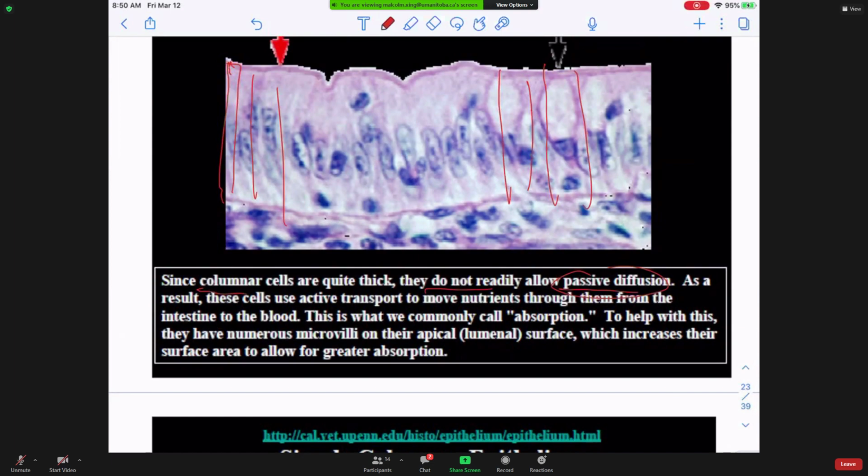But for thick columnar cells, it's generally active. That means the cell uses energy for movement, to move nutrients through them from the intestine to the blood. So it needs active absorption to help with this, and some microvilli structure. This is the structure.